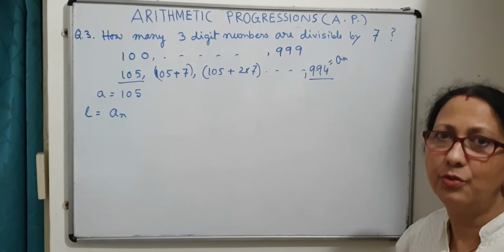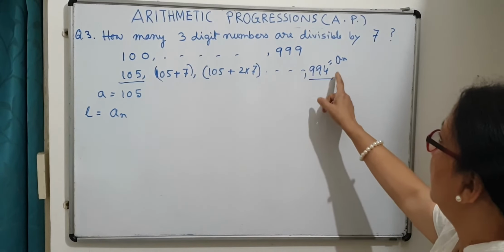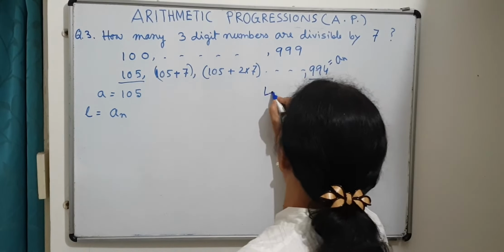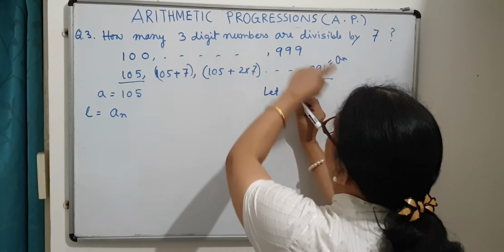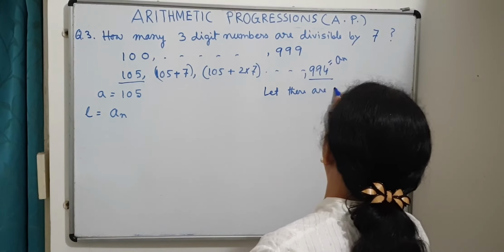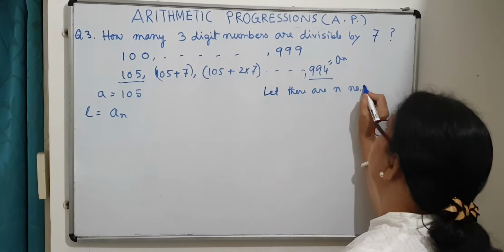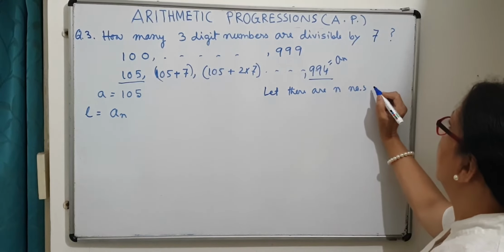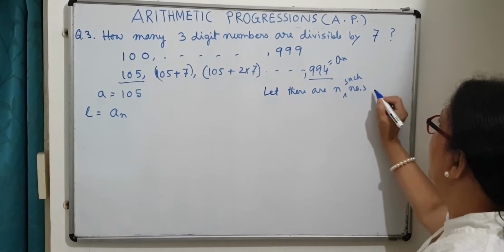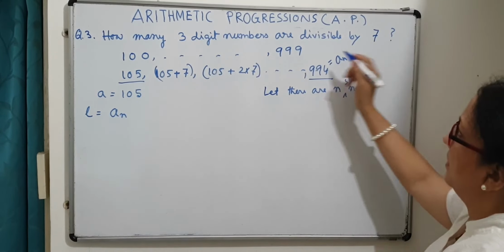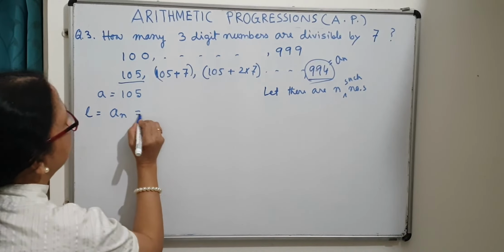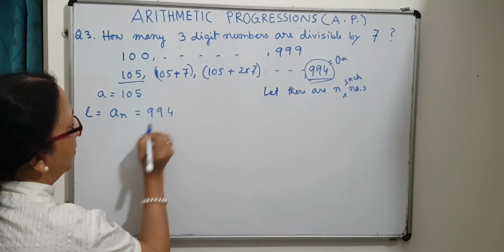So we take, let there be n such 3-digit numbers which are divisible by 7. Okay. So obviously this will be your AN. So AN is 994.